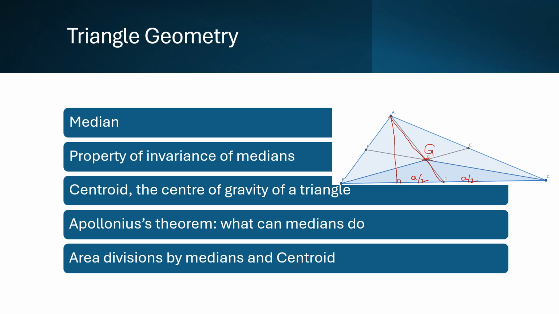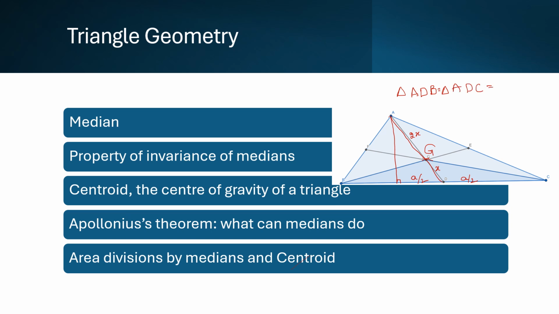The centroid G divides the median in the ratio 2:1 and lies closer to the base, obviously. And this median divides the triangle into two triangles of equal area. That is, this median AD is dividing the triangle into two triangles, triangle ADB and triangle ADC.